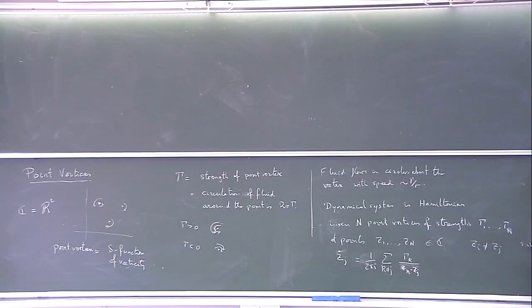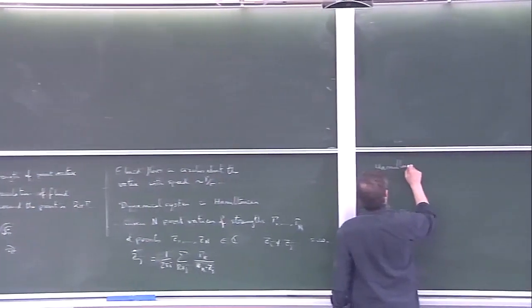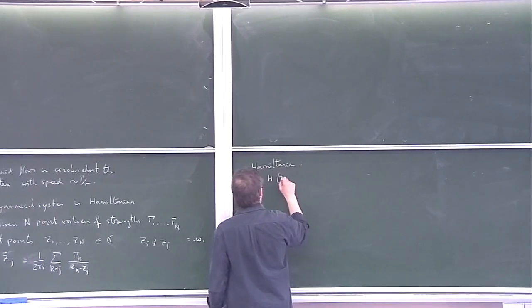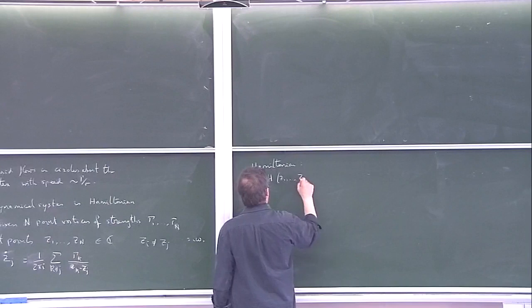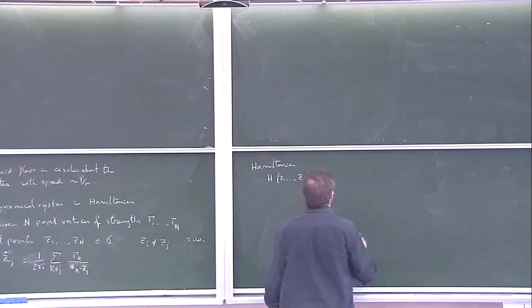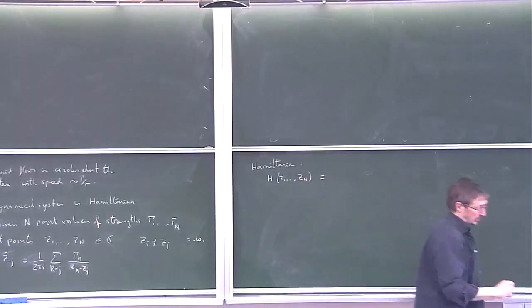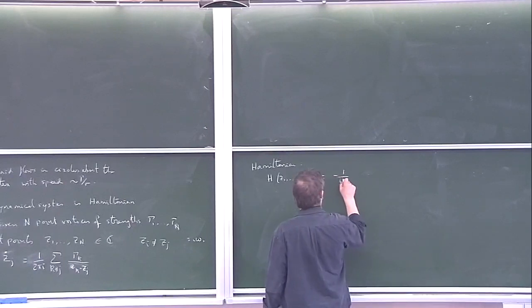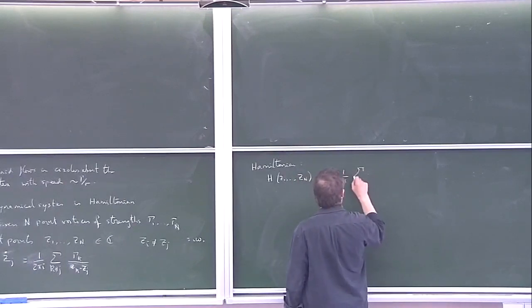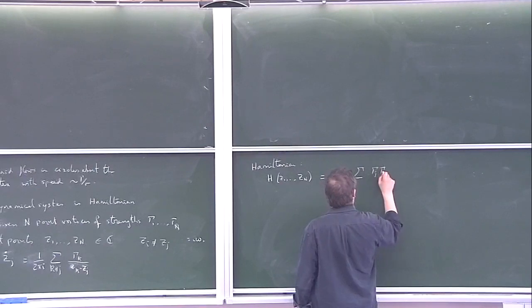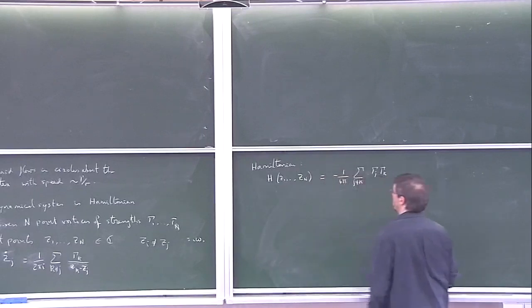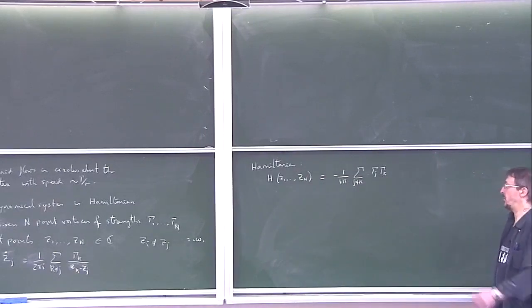So this is Hamiltonian in the sense, define H to be, get my coefficients right, minus 1 over 4 pi, sum going from 1 to n, but j not equal to k.